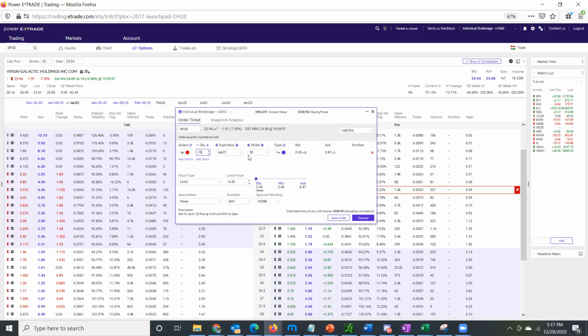Now at expiration, if the stock moves up, like 25, 26, 27, 28, 29, it will lose value. Suppose you are closing at 0.1, that means you are giving just $100 and keeping $300 in your account.